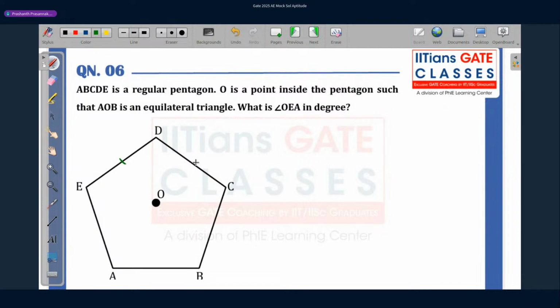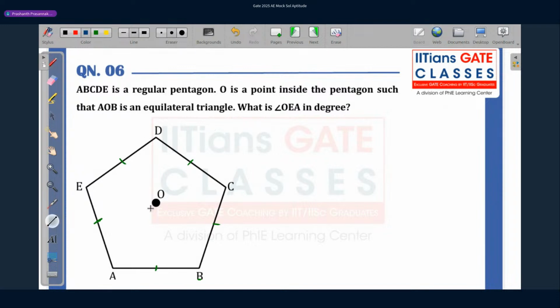So all of these sides are equal. This is P. O is a point inside the pentagon such that AOB is an equilateral triangle. So O is not the center of the pentagon. It is another point with a different property.